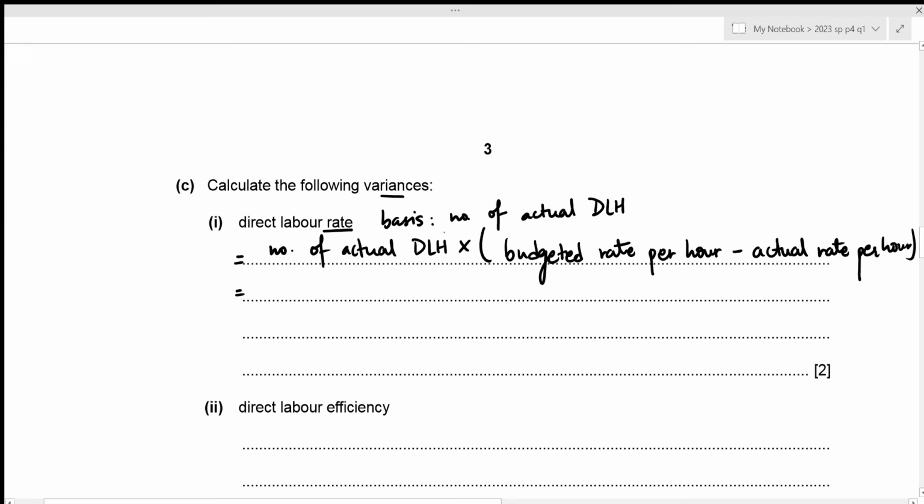Okay, let's open this bracket. So that will just be number of actual direct labor hours times budgeted rate per hour.